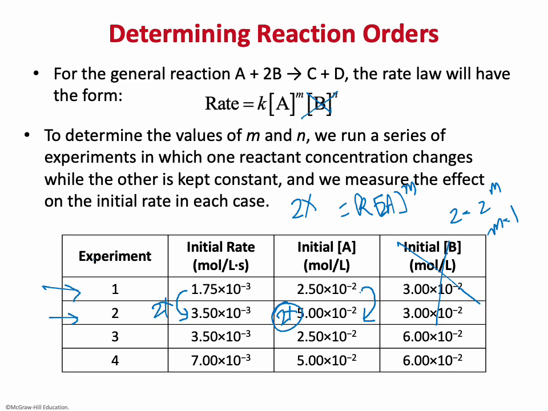Okay, if that was too fast, we can use the approach that we used earlier, which is rate of 2 divided by rate of 1 equals K A to the power of M of 2 divided by K A to the power of M of 1. Plug in the values. Let me clean this out a little bit.